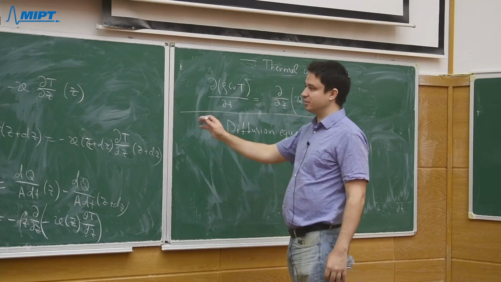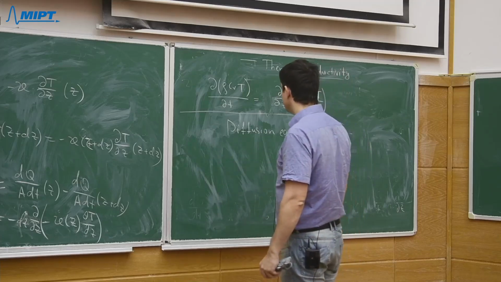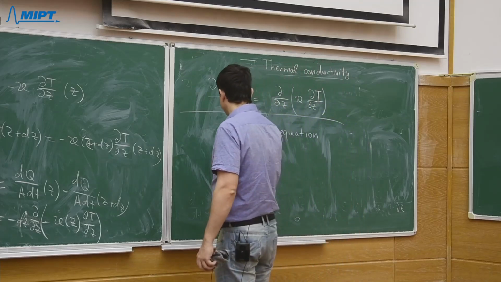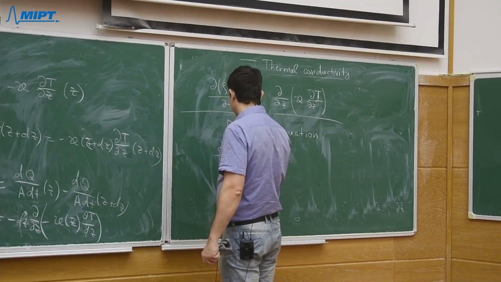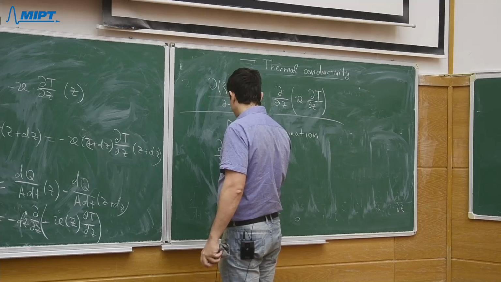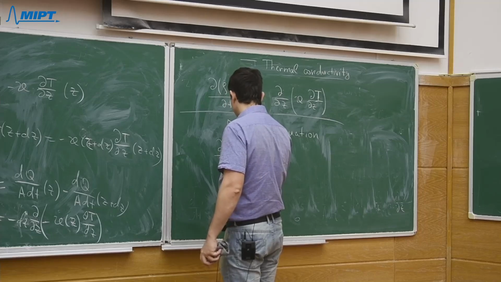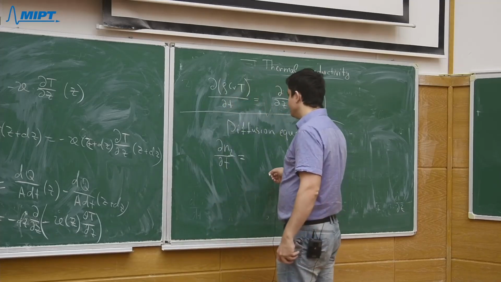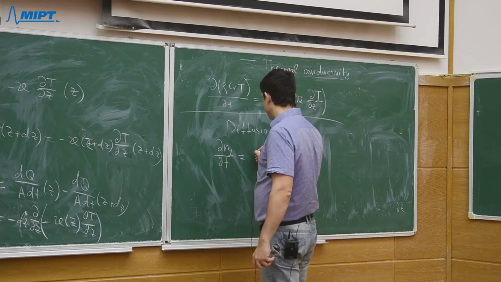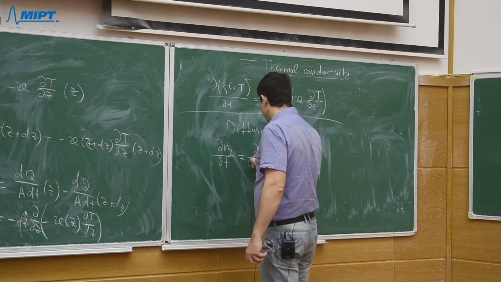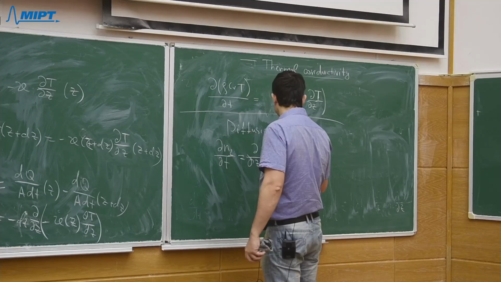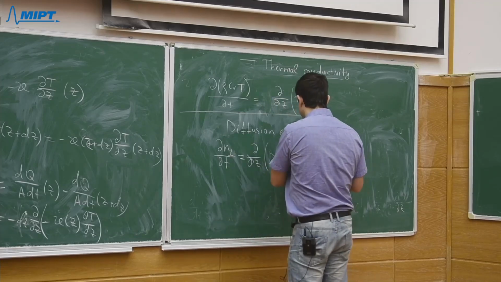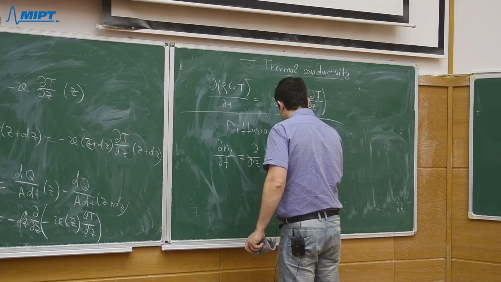Repeating all of the same considerations as we have done for the heat equation, we can get the following: the time derivative of the concentration of added molecules equals, again, ∂/∂z multiplied by the diffusion coefficient times ∂n/∂z.